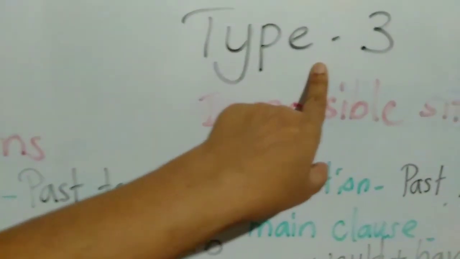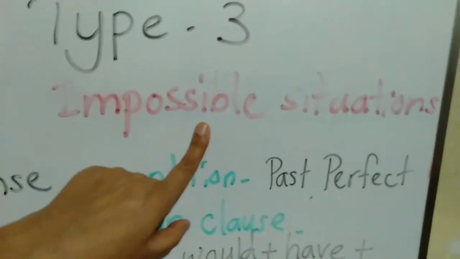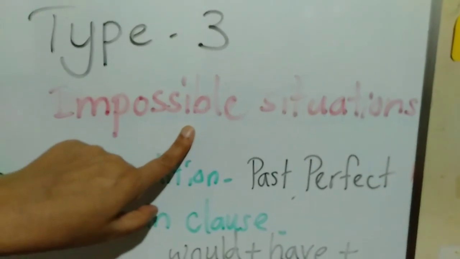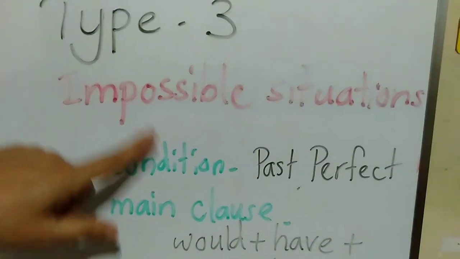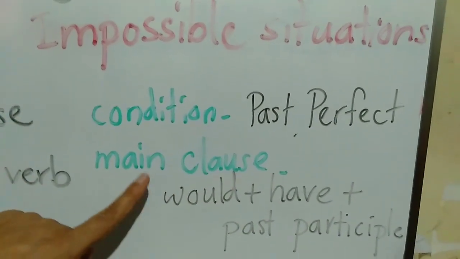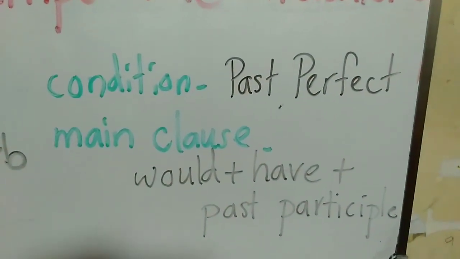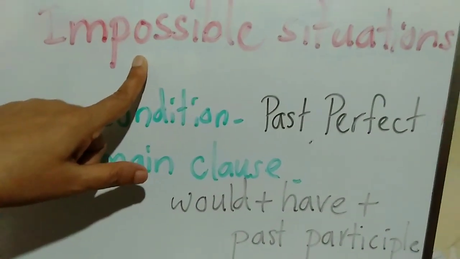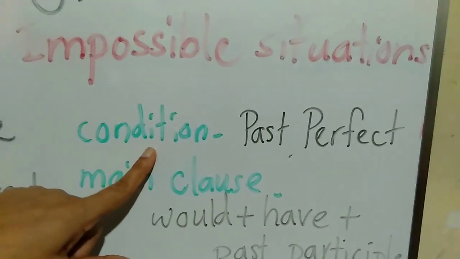When we come to type 3, impossible situations are described. What is an impossible situation? We do not know the condition will be fulfilled, as it refers to the past. I think you understood. We are not sure of the condition.